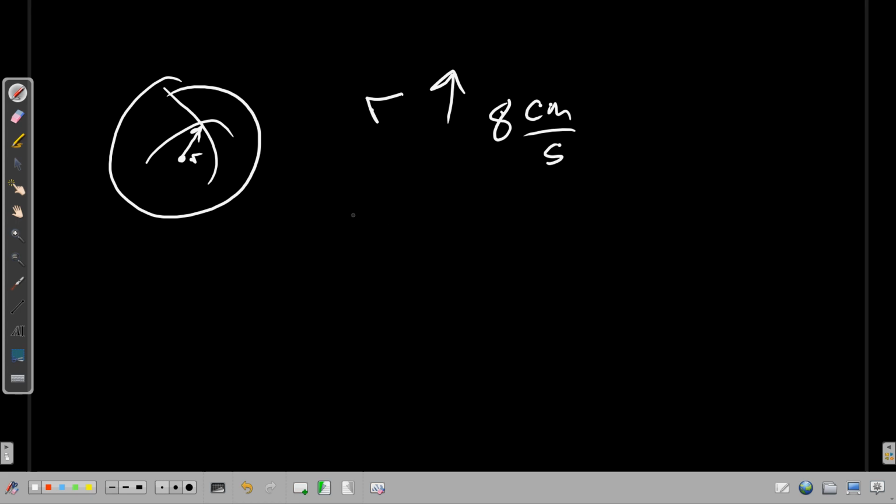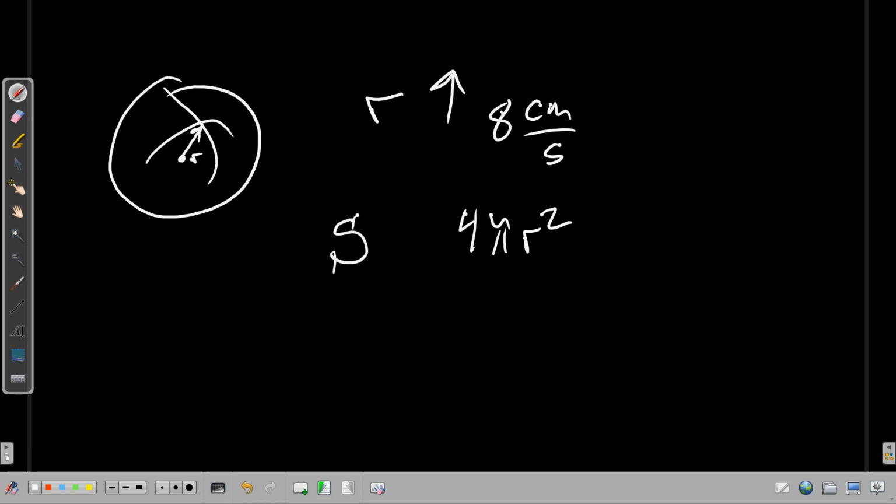So the surface area, if I'm not mistaken, of a sphere is 4 pi r squared, I believe, because the volume's 4/3 pi r cubed. Yeah, this is the surface area.